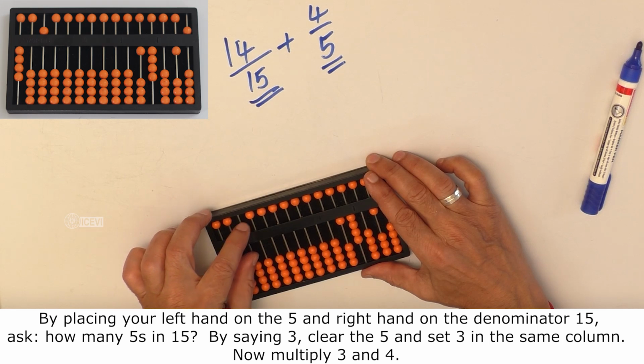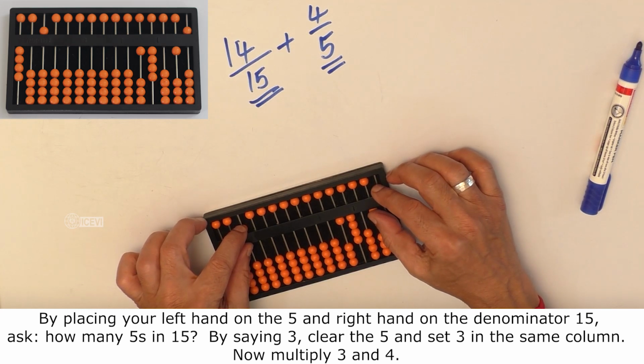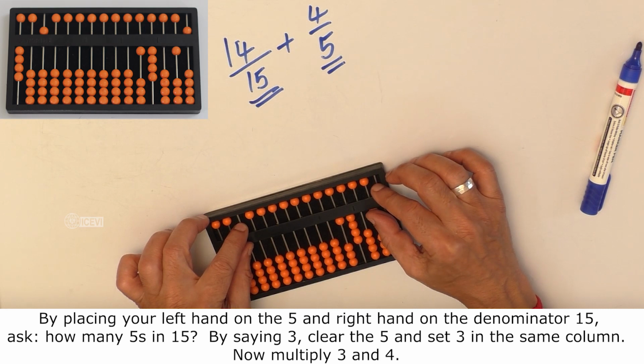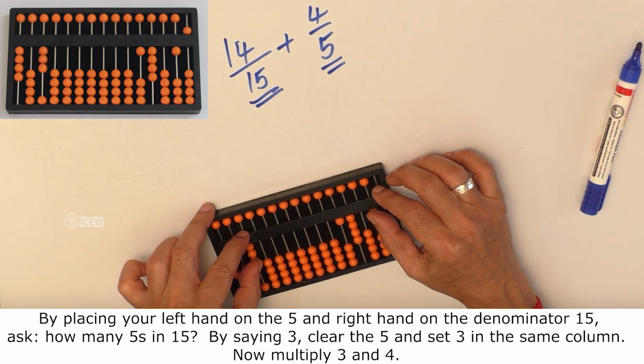By placing your left hand on the 5 and right hand on the denominator 15, ask how many 5s in 15. By saying 3, clear 5 and set 3 in the same column.